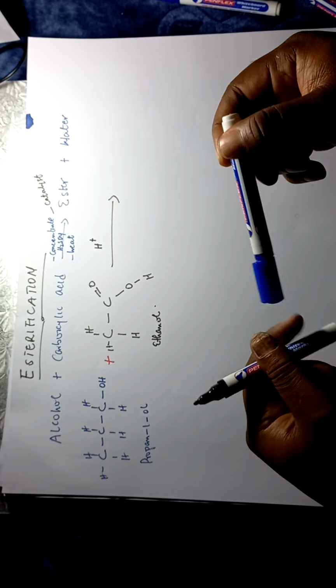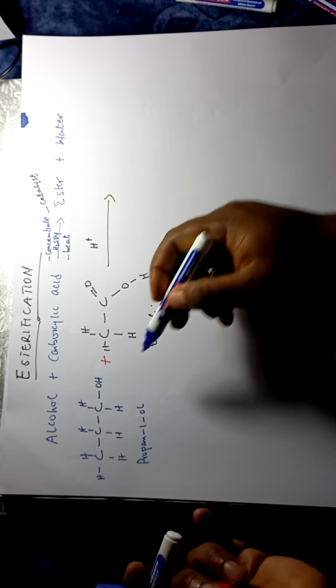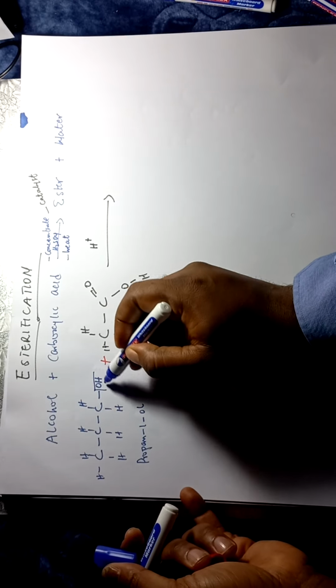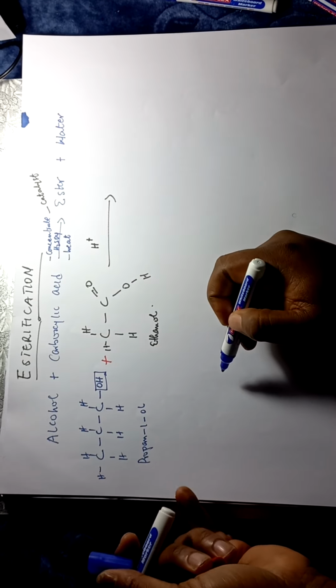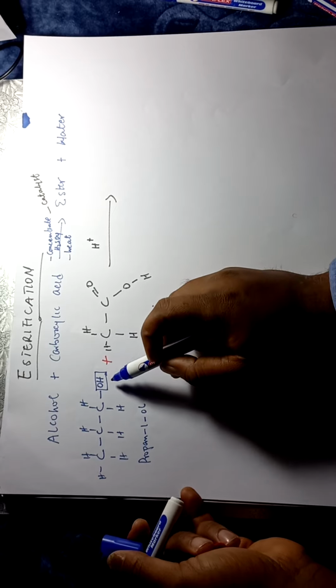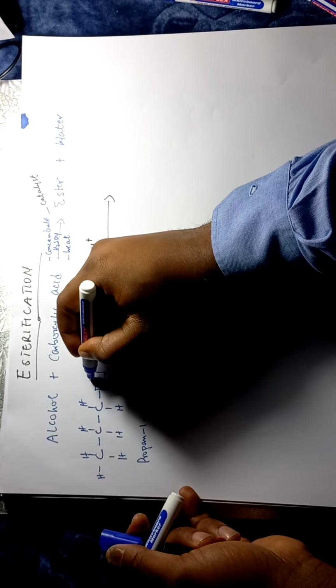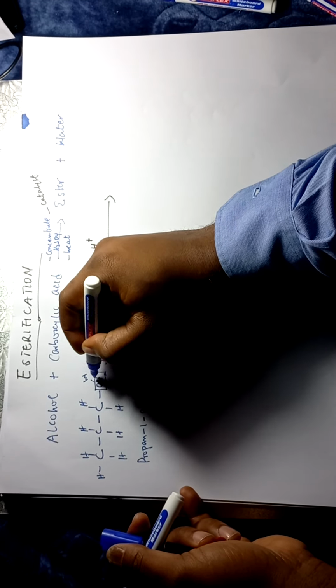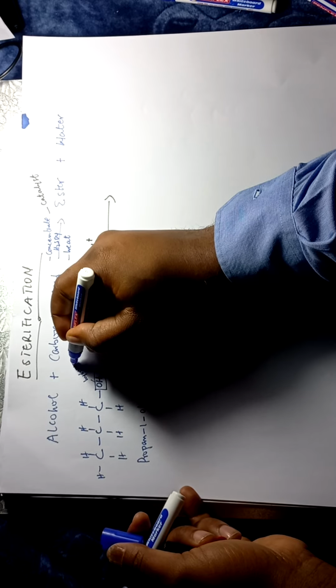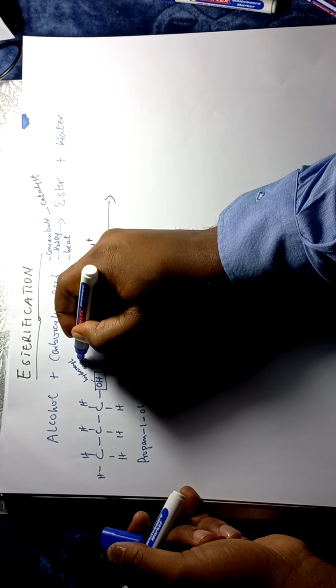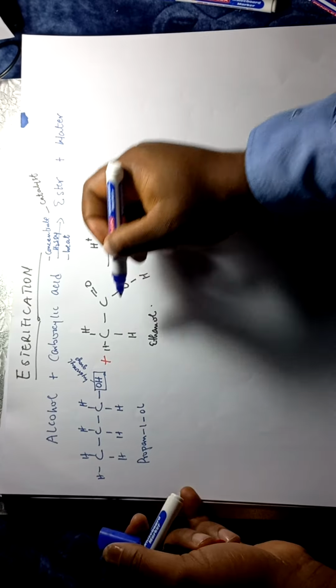And what happens is that the ones that will be removed from the alcohol group, the hydroxy group. From the alcohol group, remember the name of this functional group, we call it hydroxy group. And here we call it carboxy group.